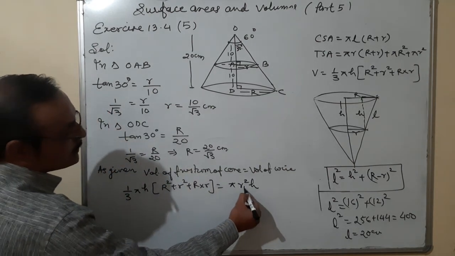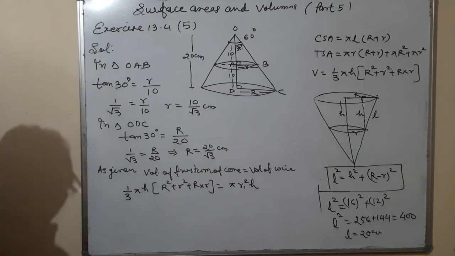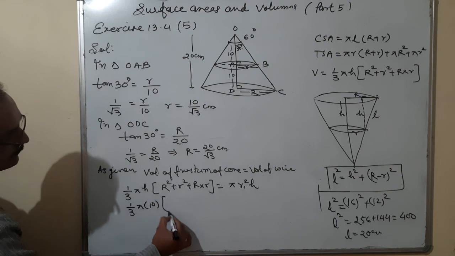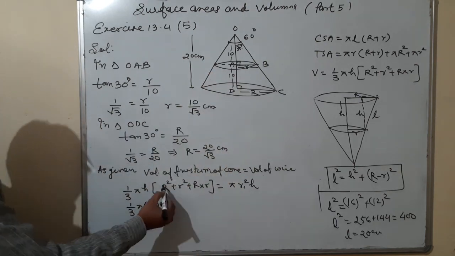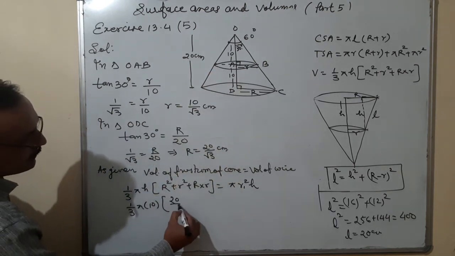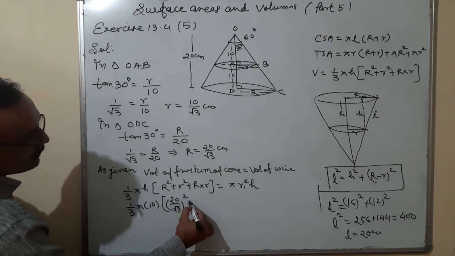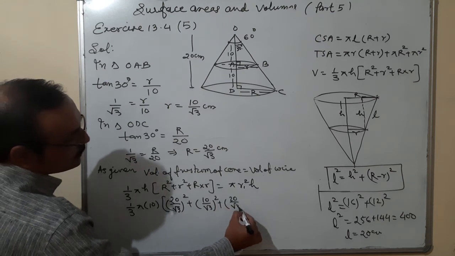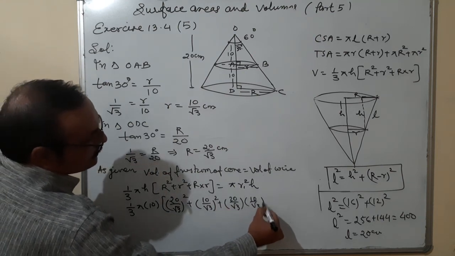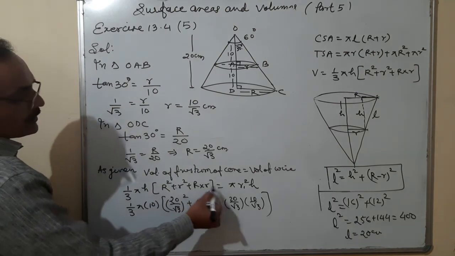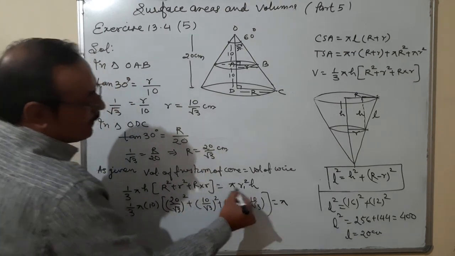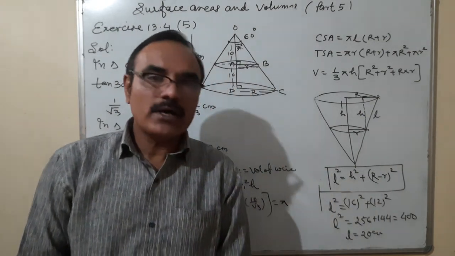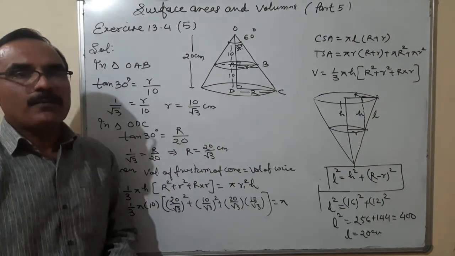Because this r and r are different, I am taking this one as r1. Now putting the values: 1 upon 3 pi h, h is 10 for the frustum, capital R is 20 upon root 3 whole square, plus 10 upon root 3 whole square, plus 20 upon root 3 into 10 upon root 3, is equal to pi r1 square h. The diameter of the wire is given as 1 upon 16 centimeter.